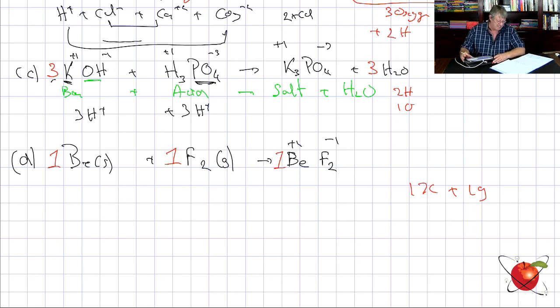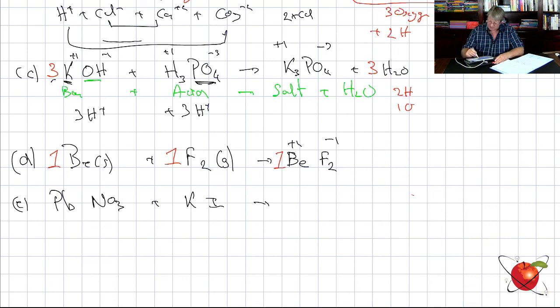Lead nitrate, potassium iodide. Lead nitrate. Well, we know its Pb is lead and nitrate is an NO3. We'll balance it in a minute. And potassium iodide is a K and an I, all right? And basically they probably will tell you, but if they didn't, the chances are that it's going to react and give you, right?